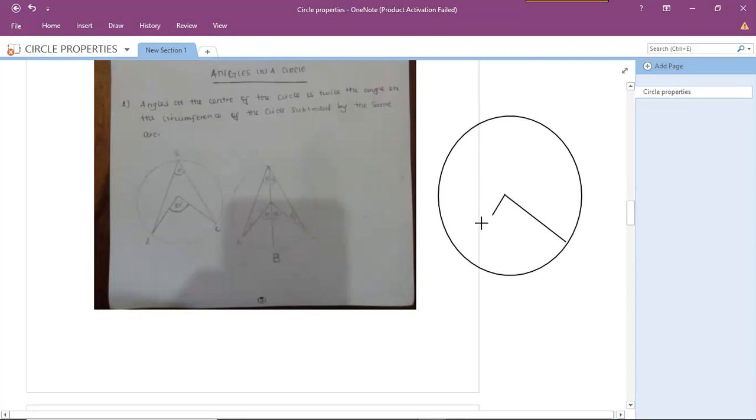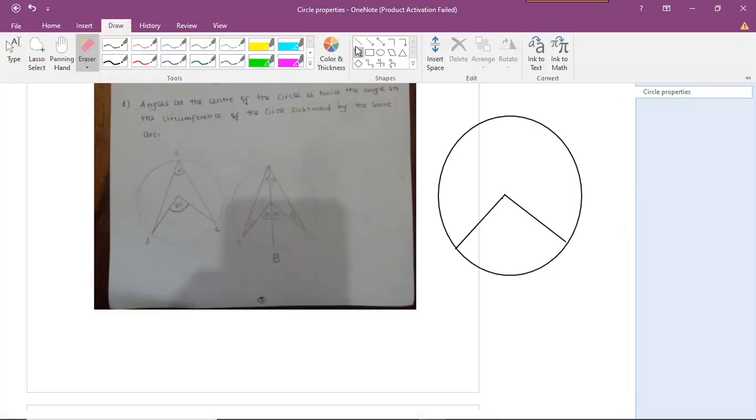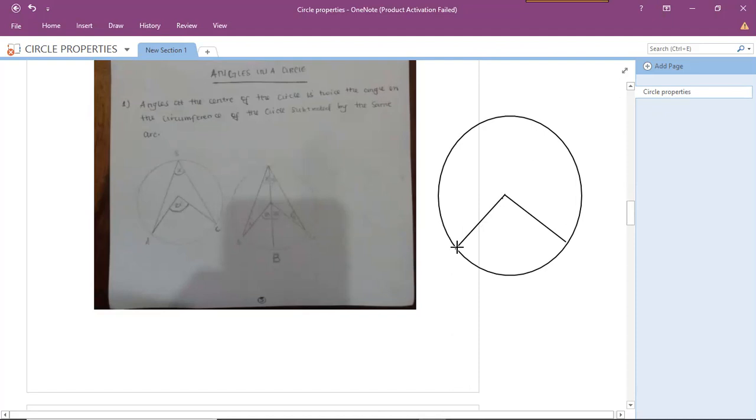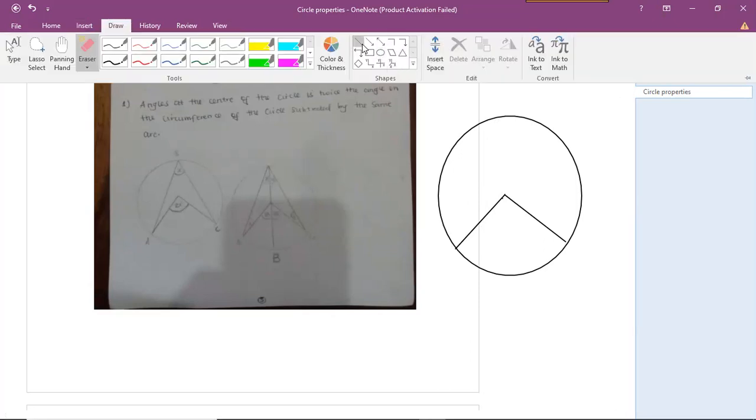Extend it from there to there, and we extend it from there to circumference. So you have to meditate on this rule.